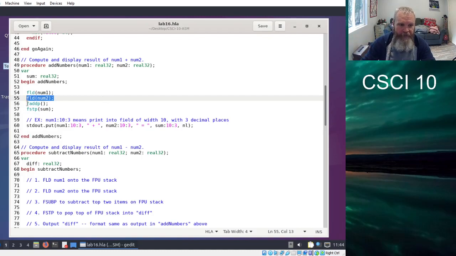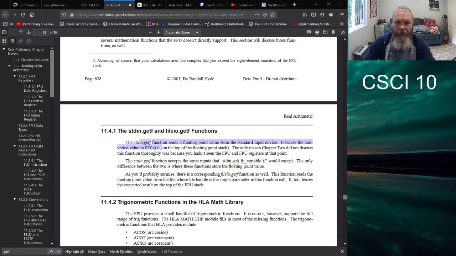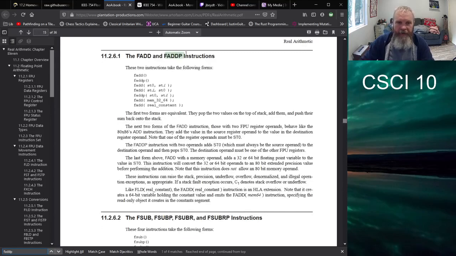Then this faddp. Let's see what that does by looking at the documentation. Sorry for the flipping back and forth, but let's look at faddp. I just did a control F to find it. Okay, so the faddp instruction, we're not using it with two operands.